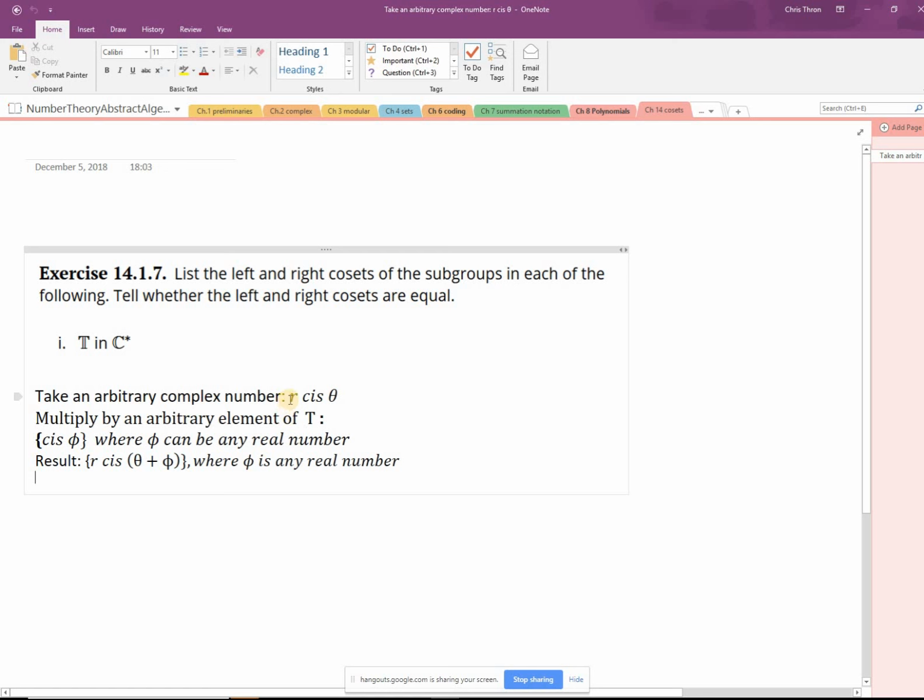Like instead of r cis theta, let's take something simple. Of course, we could take 0. Oh, no, but 0 is not in C star, so we can't take 0. And 1 is too simple, because 1 would just give you T.